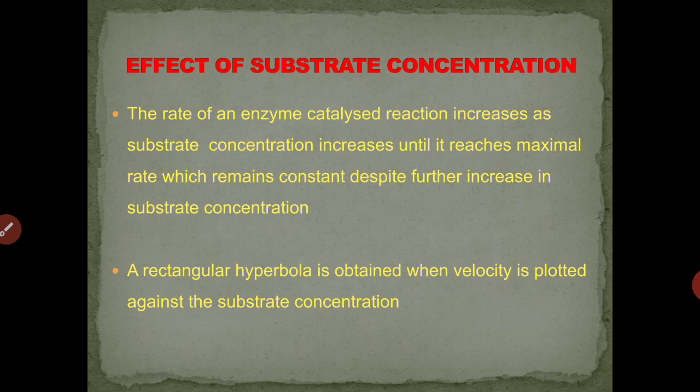There will be no effect once the maximum velocity is attained. So you will get the plateau or the flattened curve. When you plot this you will get a rectangular hyperbola.